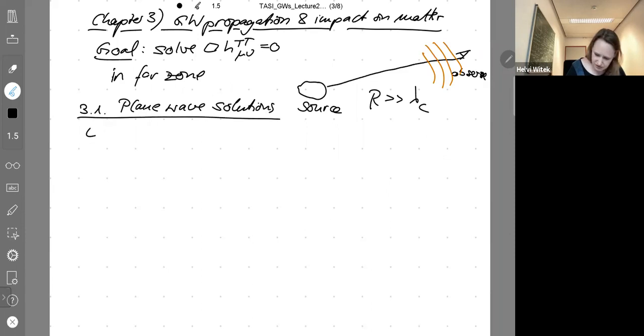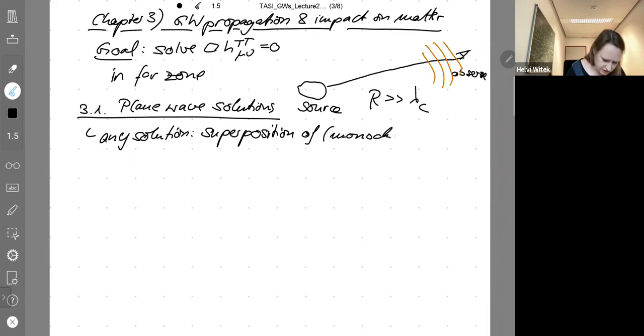So the solutions to this, or any solution really, can be described by a superposition of monochromatic plane waves.